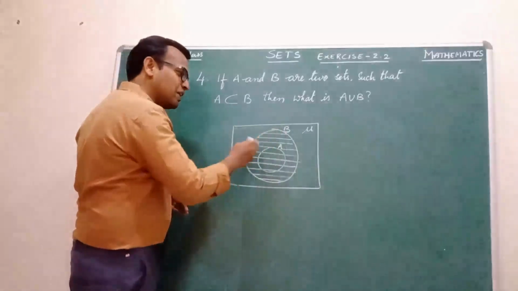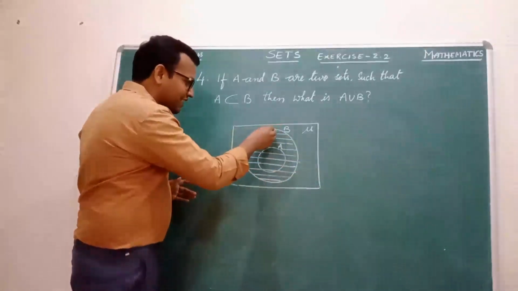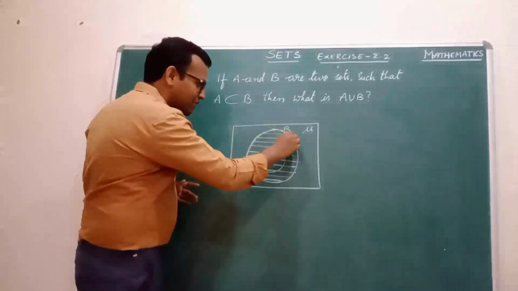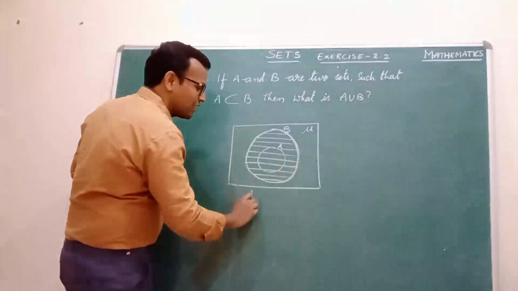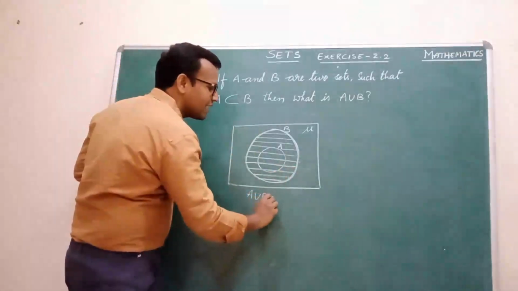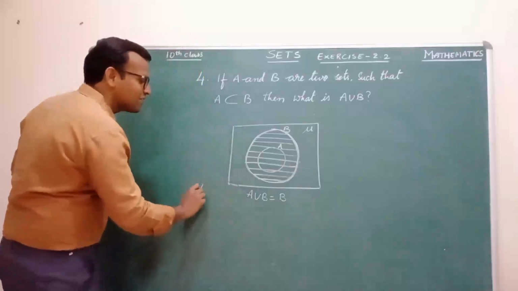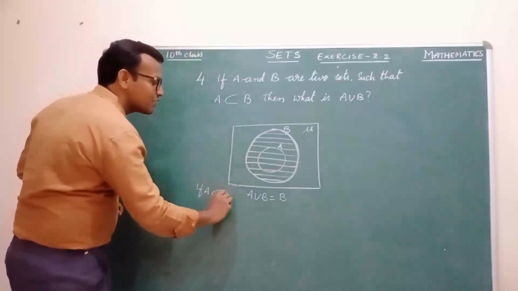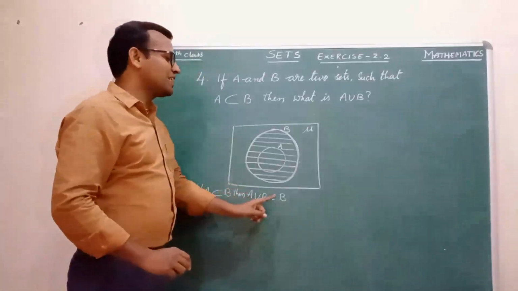Now A and B, all regions are shaded. Now the union, again we are getting the union of A and B again as B only. So A union B is equal to B when if A is a subset to B, then A union B is B.